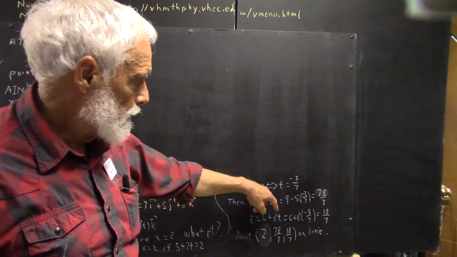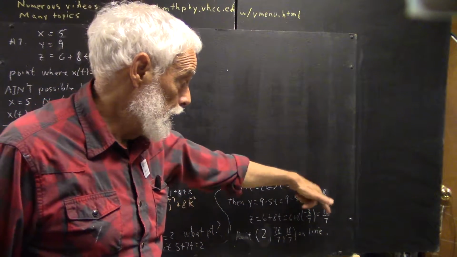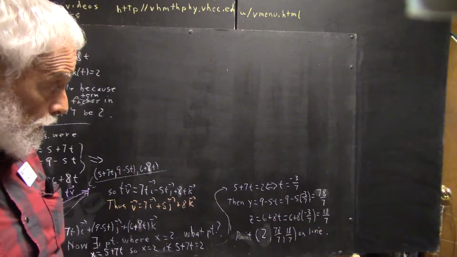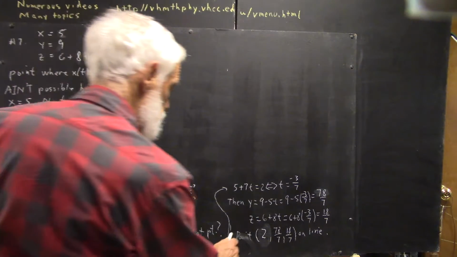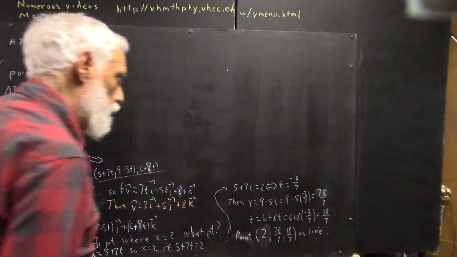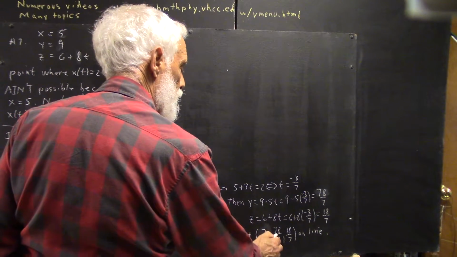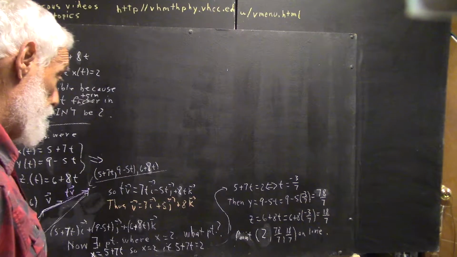Z equals 6 plus 8t, 6 plus 8 times negative 3/7, 18/7 again if I did my arithmetic correctly, in which case we would say that the point 2, 78/7, 18/7 has to lie on the line.